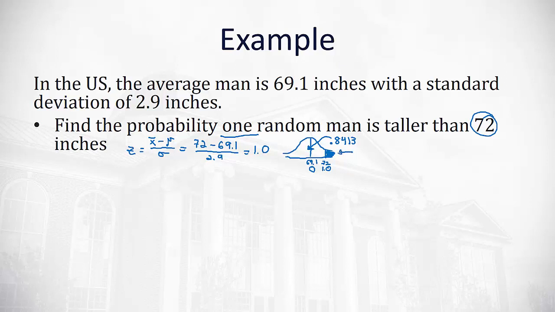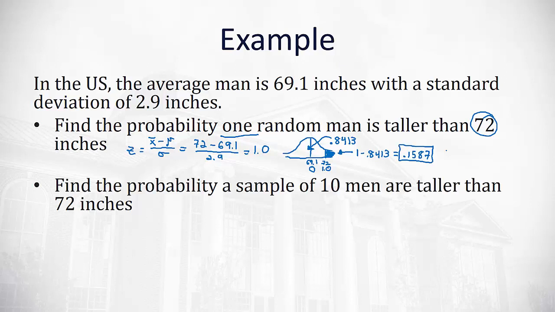We want the area shaded on the right, which is going to be 1 minus 0.8413, which gives us a probability of 0.1587. Just over a 15% probability that one random man is going to be taller than 72 inches.